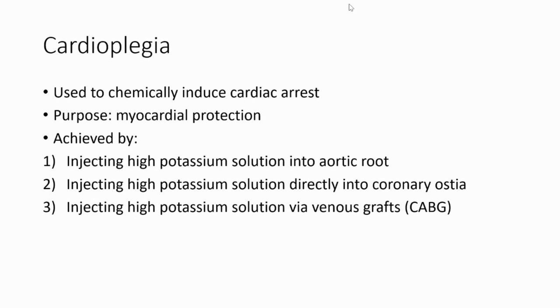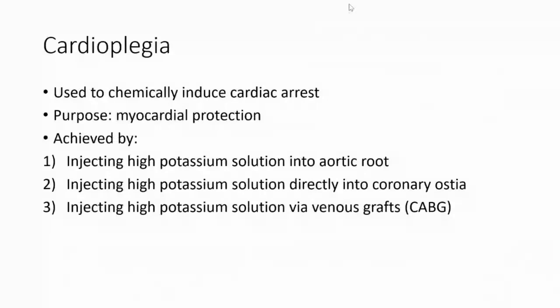Once we've done that, we have direct access to the arterial system of the heart. And then we can inject cardioplegia solution down the graft that we've just sewed onto the heart, again, in order to perfuse the heart with high potassium to arrest it.